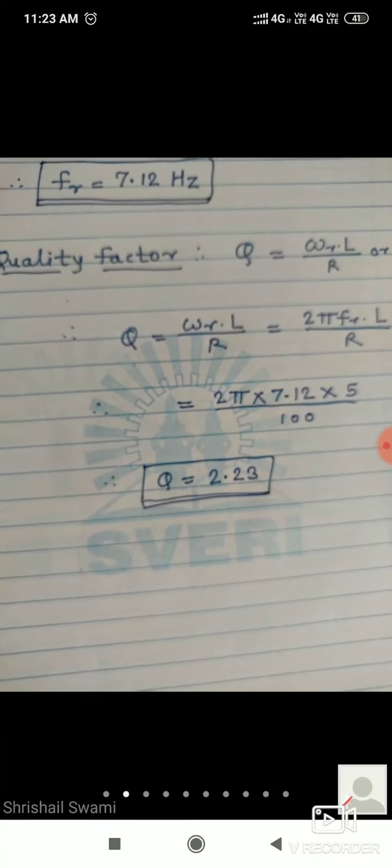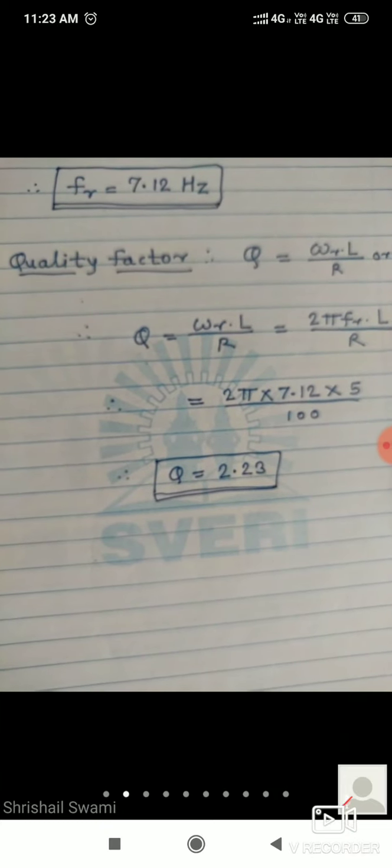So tell the value of Q. Okay, very good, 2.23. So this is the answer of quality factor. Everyone got this one? I have started with a simple numerical problem.